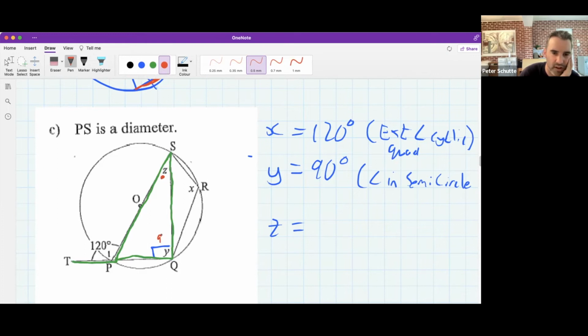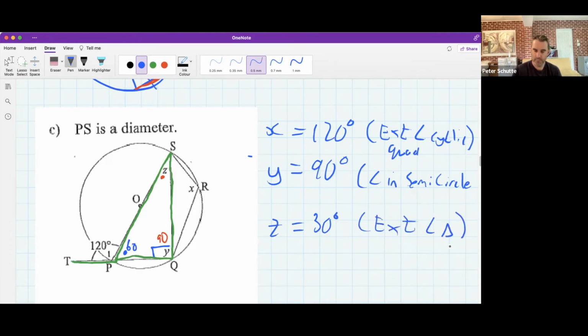And we know this is 90. Or you could work out what this one is, which looks like it's 60, and then work out what Z is after that. And so you'll get Z is 30 degrees. I'm just going to write, it's quicker, exterior angle of the triangle. But you could have also done 2 steps where you get 60 and then you get the 30 over here.